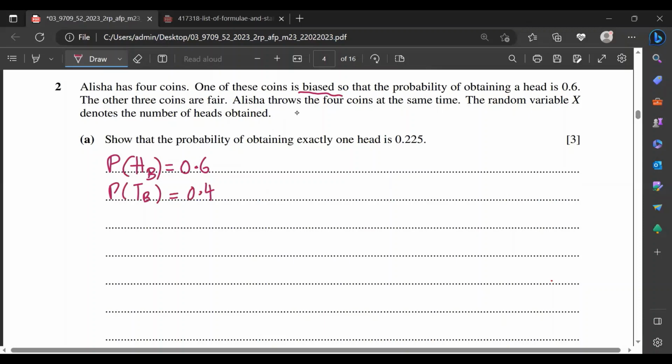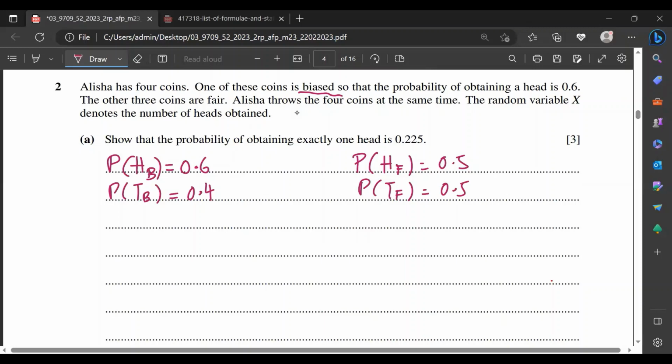The other coins are fair. I'm writing F for fair, B for biased. The probability of a head on a fair coin is obviously 0.5, and the tail is again 0.5. So the other 3 coins are fair.